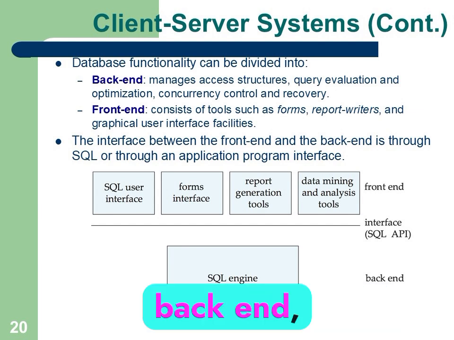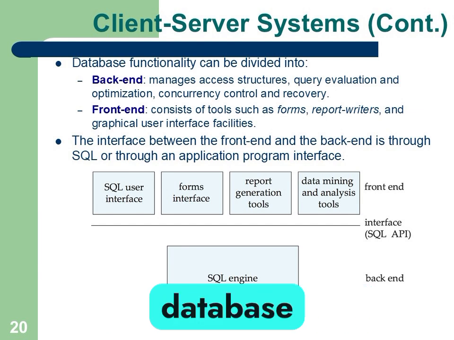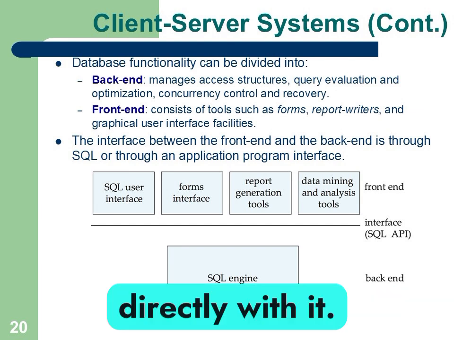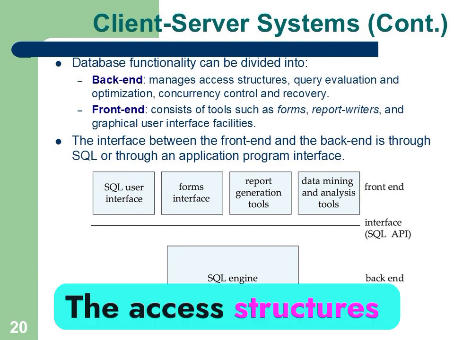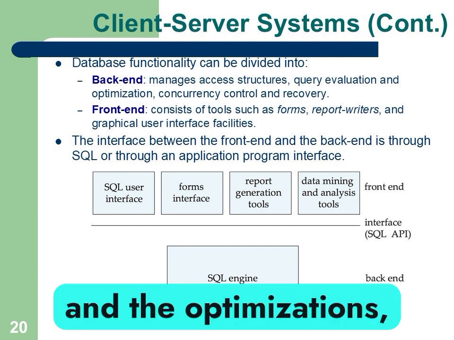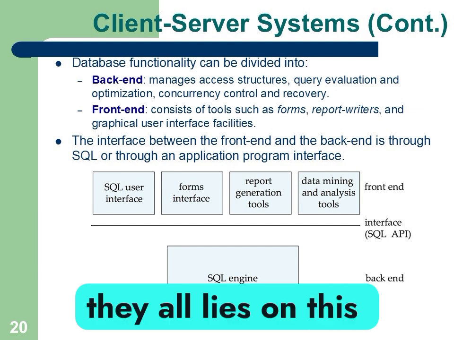When we talk about the back end, we're talking about the structure of the database that a client cannot see or interact with directly, and this manages the access structures, like query evaluation and optimization, concurrency control and recovery. They all lie on this backend.